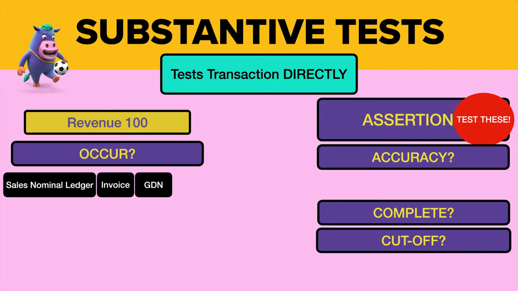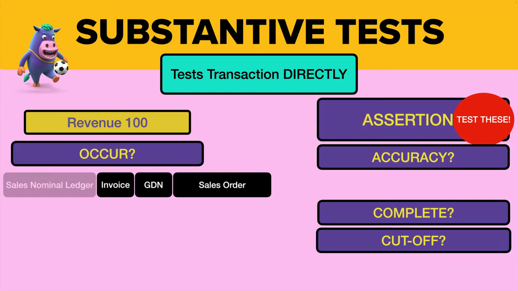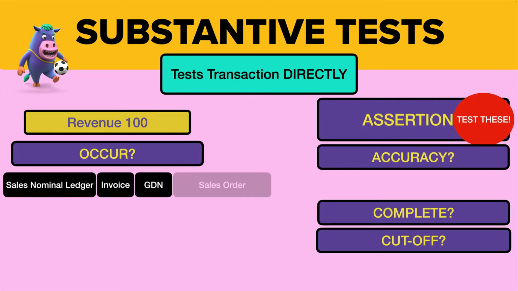You know, it's gone out of our warehouse, it's now there. So every invoice should have a related goods dispatch note. And to have a goods dispatch note, there must have been a sales order in the first place. So if we can check all the way back from the accounts to the sales order, we know that everything in sales had a sales order. So we know that that sale did actually occur.